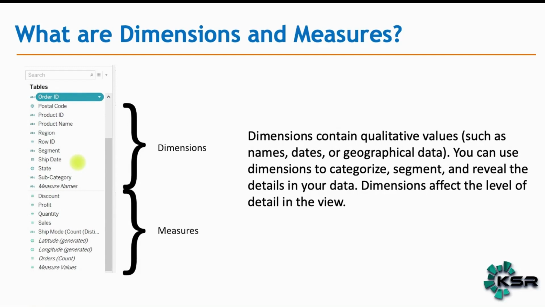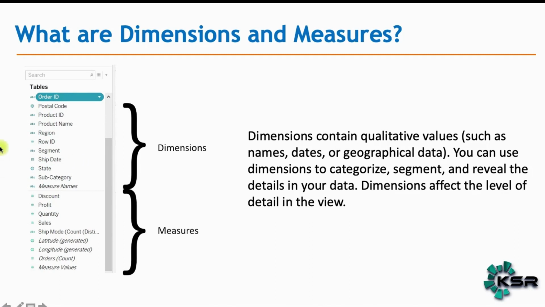Now, dimensions contain qualitative values, which could be like names or dates or geographical data, right? You can use dimensions to categorize, segment, and reveal the details in your data. And dimensions basically affect the level of detail in the view.